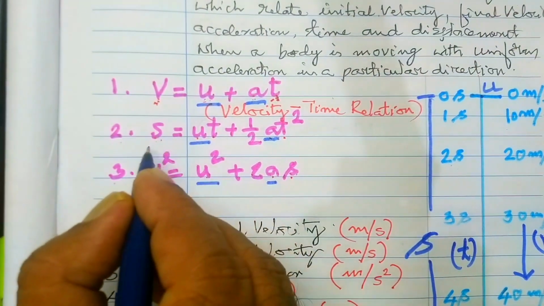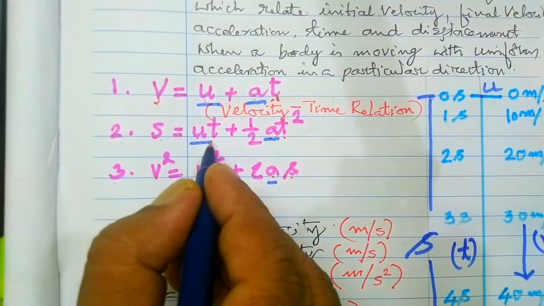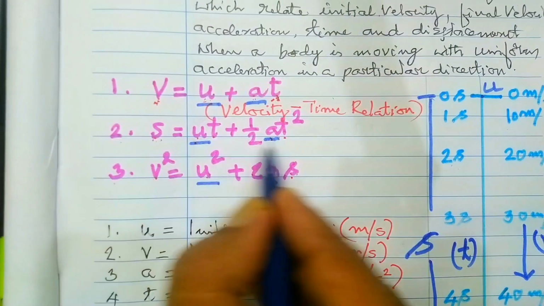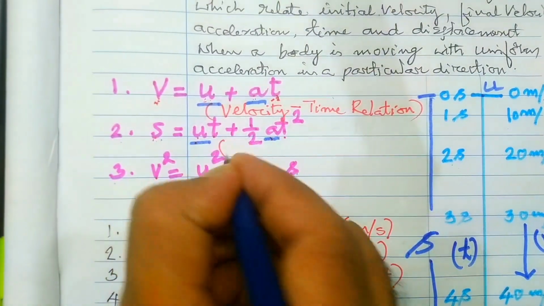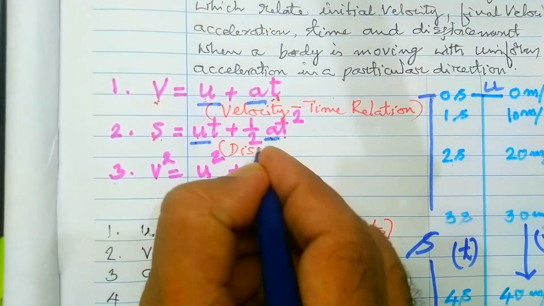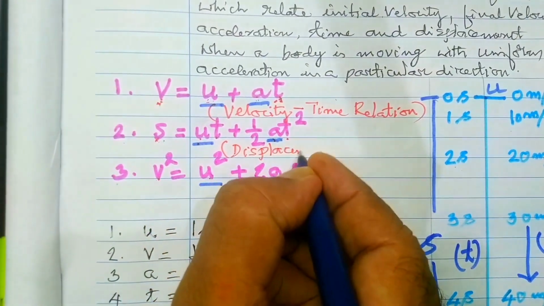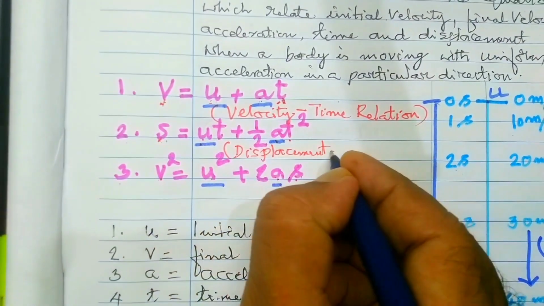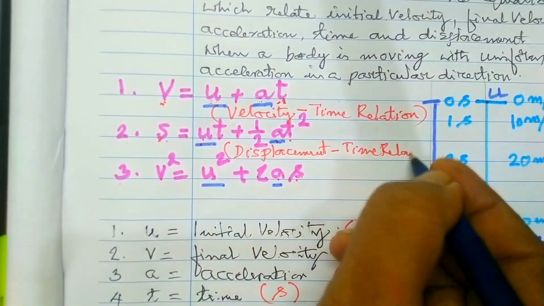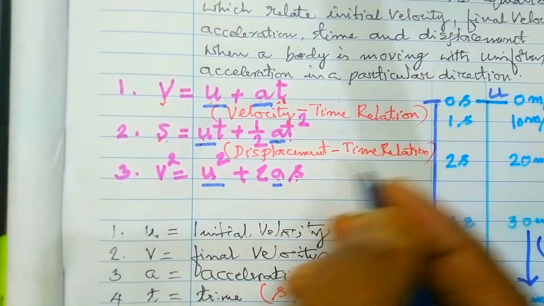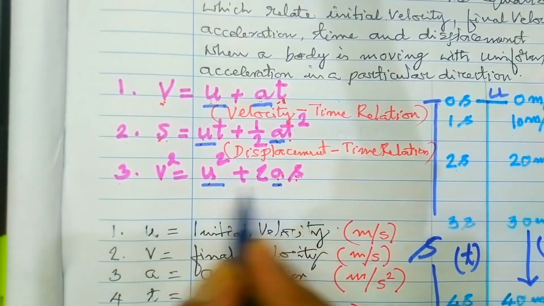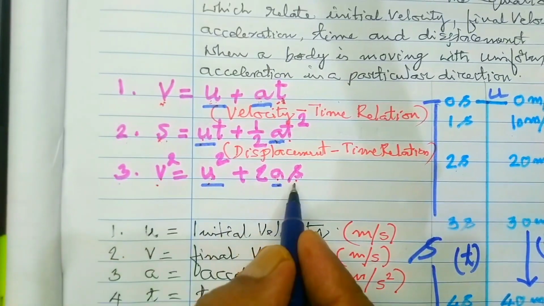Now in the equation s = ut + ½at², u is common, a is common, and the remaining things are s and t. Therefore, we can call this a displacement time relation. Finally, in the third, u and a are there, and the remaining 2 things are v and s.